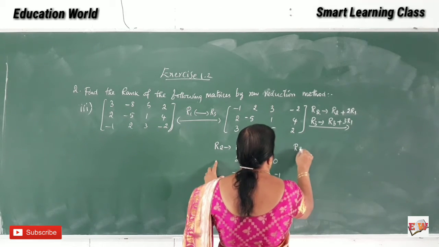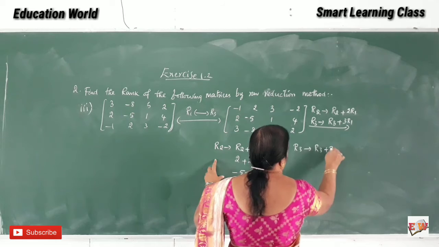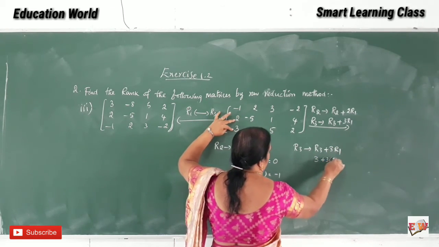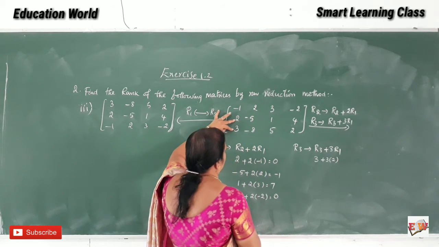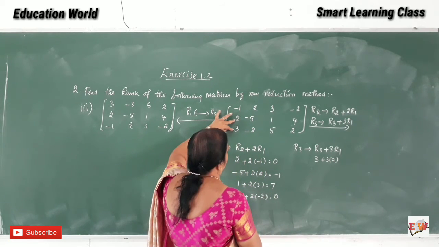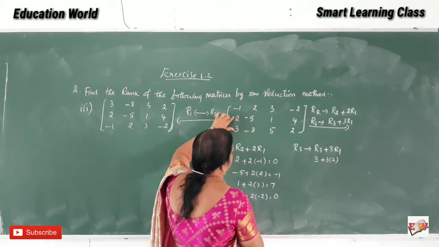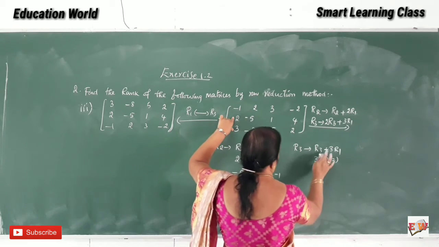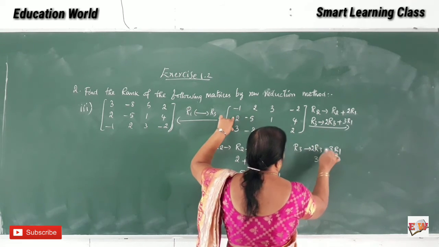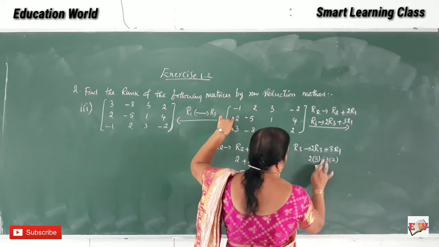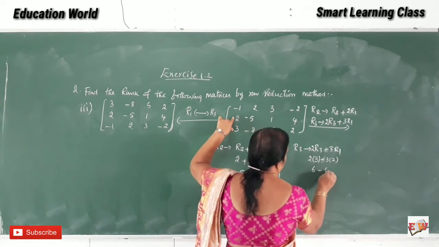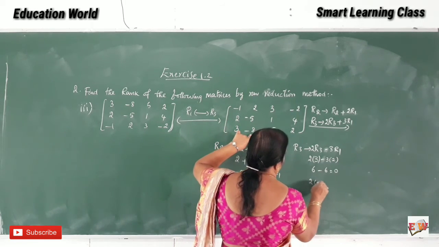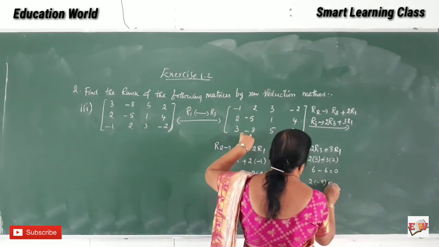One more thing, R3 plus 3 R1. See, what is this R3? 3 plus 3 into minus 1, 0.